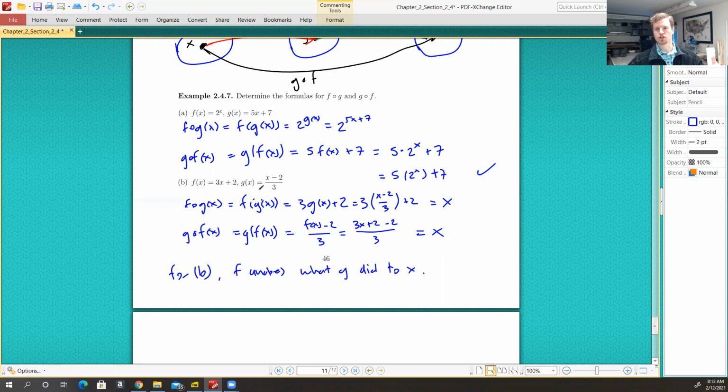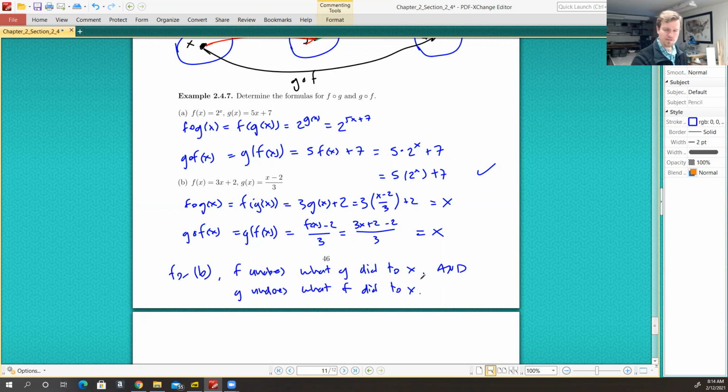And then f is going to do the opposite things and give us back x. But the same goes for the composition the other way. Whatever f does, it's going to multiply by 3 and add 2. Then g of x is going to undo what f did. So f undoes what G did to x, and G undoes what f did to x.